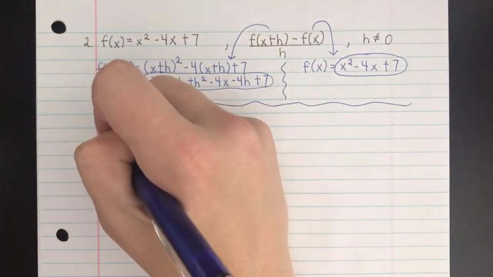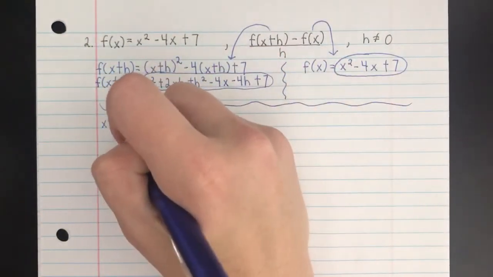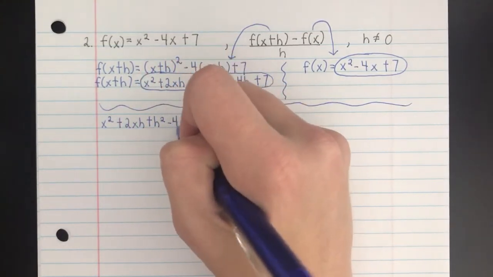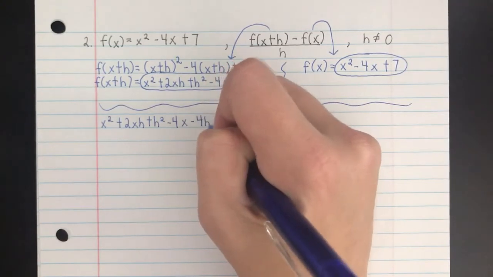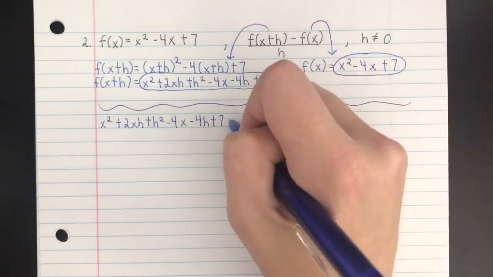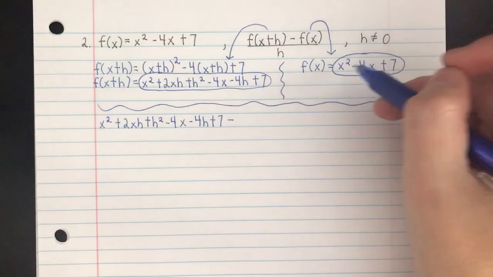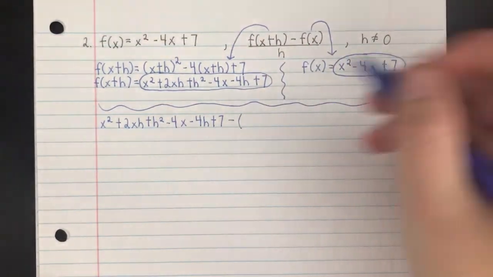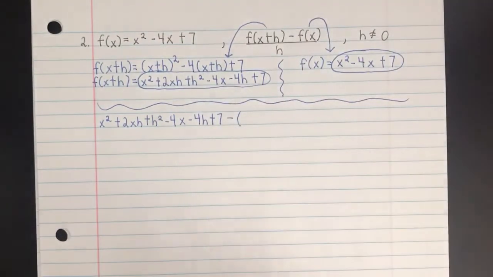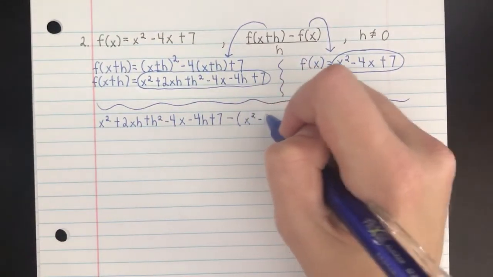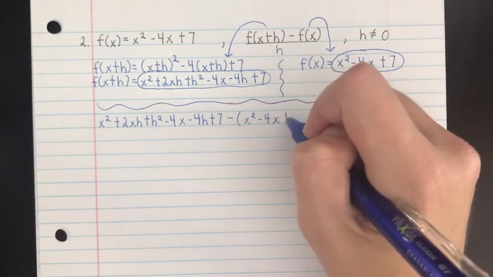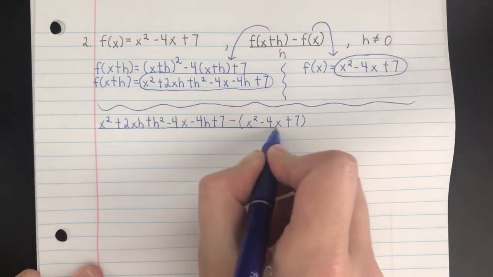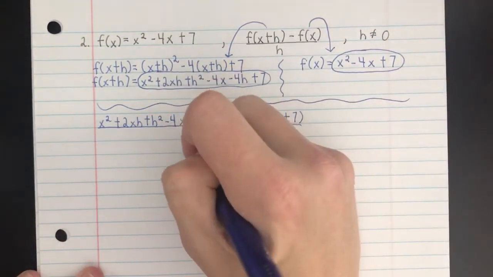So I would have x squared plus 2xh plus h squared minus 4x minus 4h plus 7 minus, because you have 3 terms here that you're plugging in for f of x, you need those parentheses when you plug in because that minus will distribute to all. So x squared minus 4x plus 7 all over h.